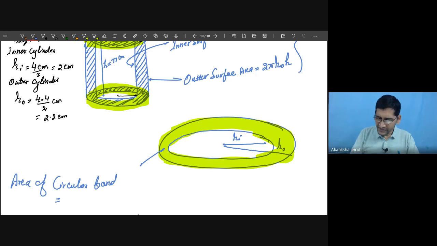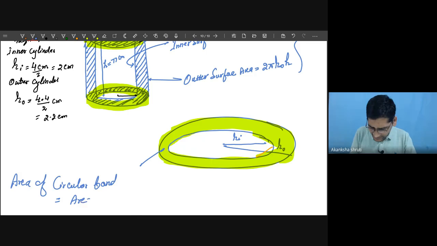Total bigger area, meaning the entire yellow, minus the smaller one that can be subtracted. If we subtract this one, meaning remove this part from this bigger one, we will be left with only this much. Are we getting it? So this can be obtained by taking the area of the bigger disk.